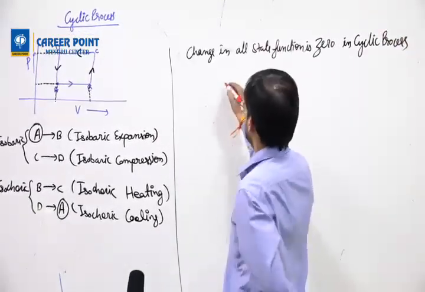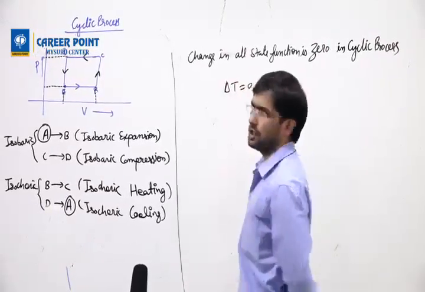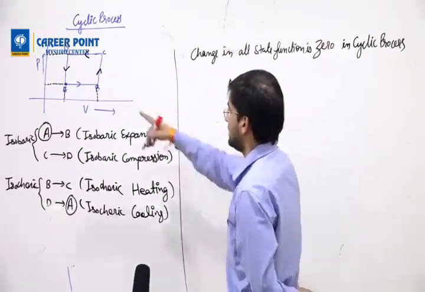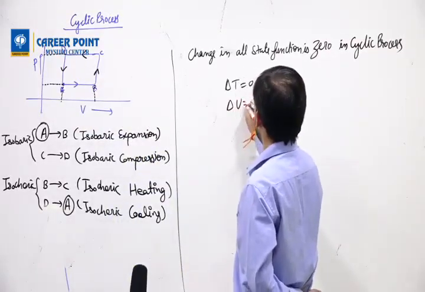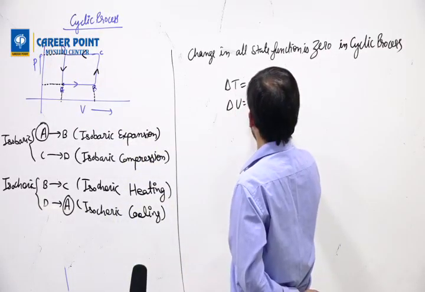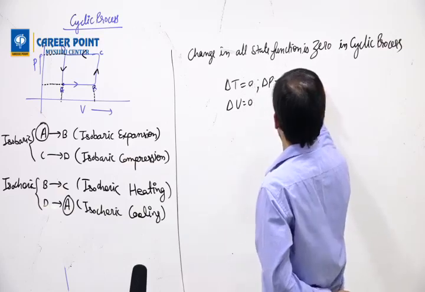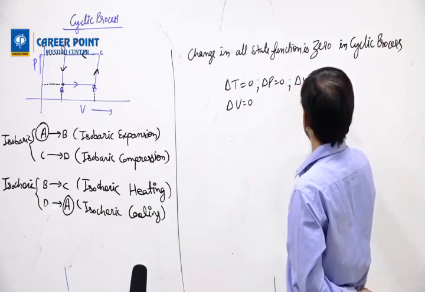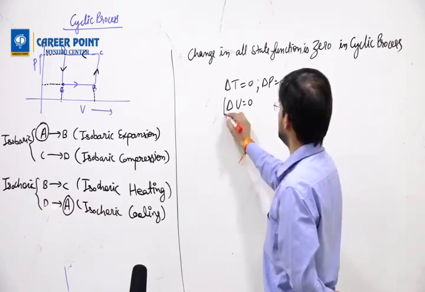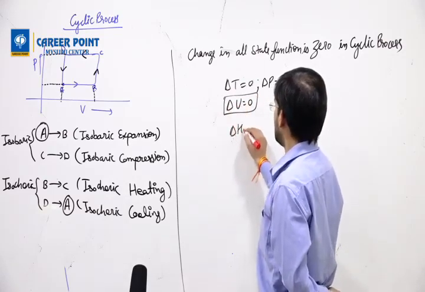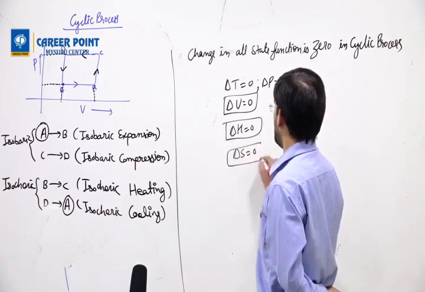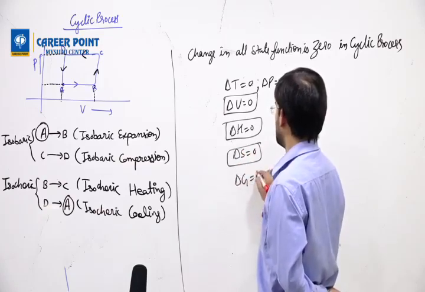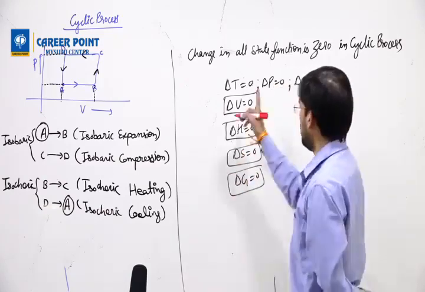It means what? Delta T is 0. Delta U is 0. Delta P is 0. Delta V is 0. Delta U 0 is important. Delta H 0 is important. Delta S 0 is important. Delta G 0 is important. All are state functions.